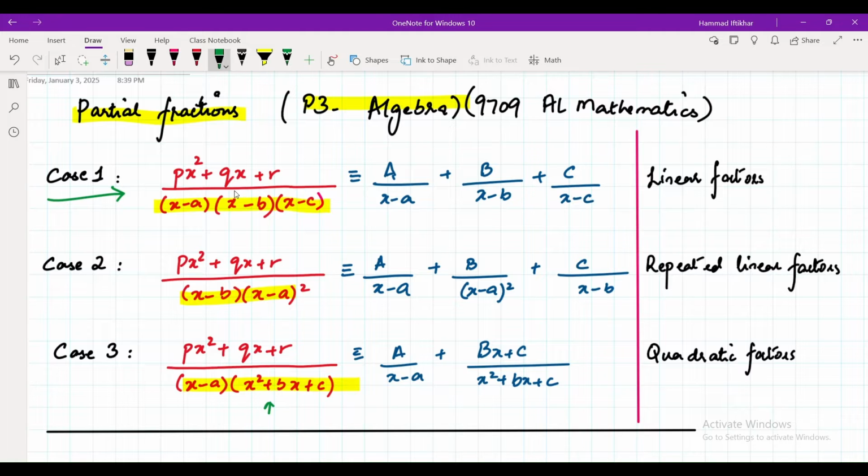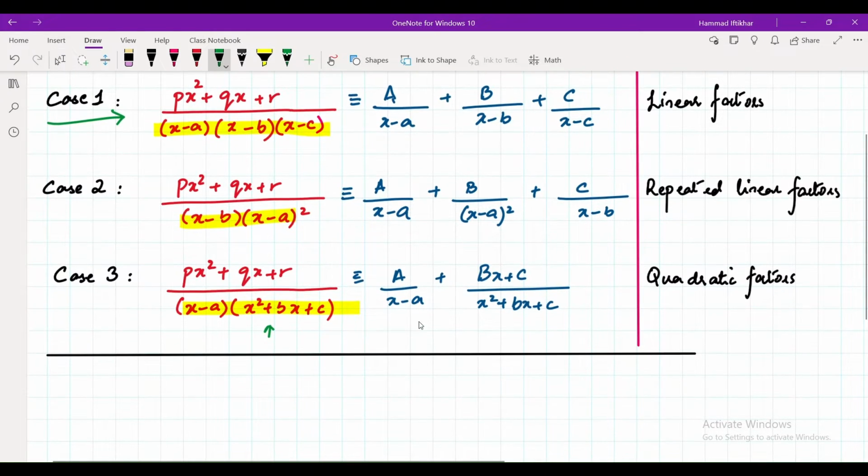For the cases of linear factors and repeated factors, we just decompose them according to the laws of taking the LCM. We have to consider both scenarios. So for example, let's say you have 3 by 4.